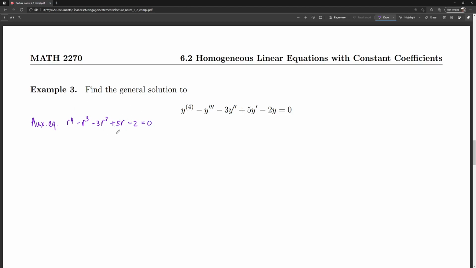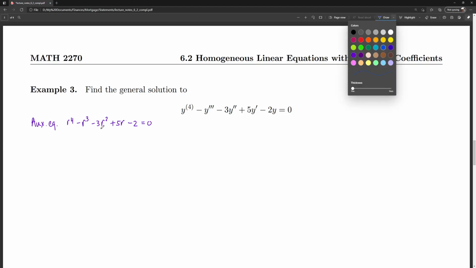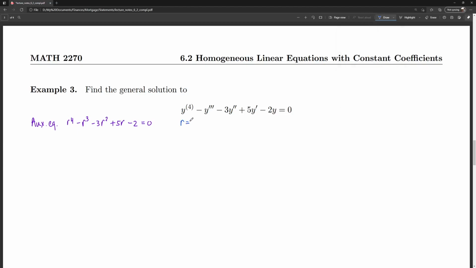Again, this is not something that easily solves, but we can do the trial and error method and plug in some values. Especially if you have a TI-83 or TI-84 calculator, you can put this in Y1 and use the table function to plug in some values to easily see whether or not these values solve the auxiliary equation.